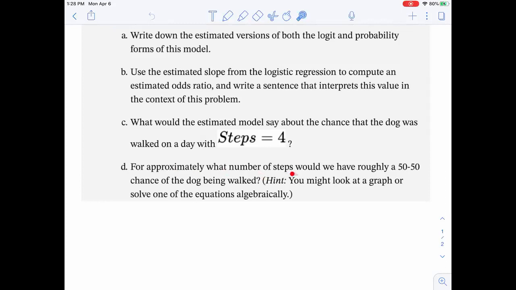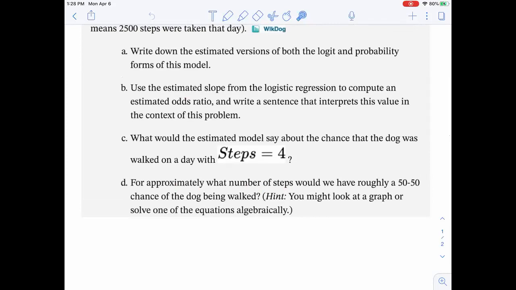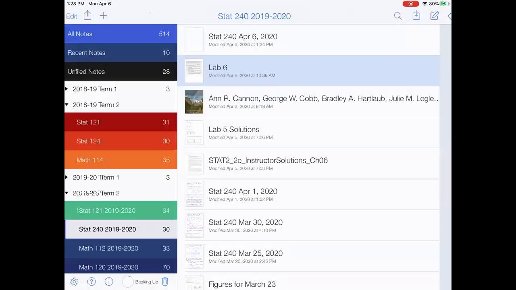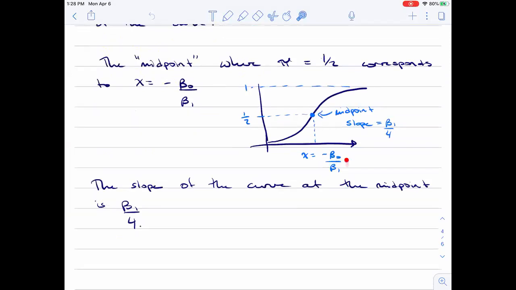You want to find what number of steps. The number of steps that we're using is your predictor, right? So that's your explanatory variable. So you want to find the x that is at the midpoint, which is what we did here. So the x that's at the midpoint is negative b0 over b1. Then what does the next point say?